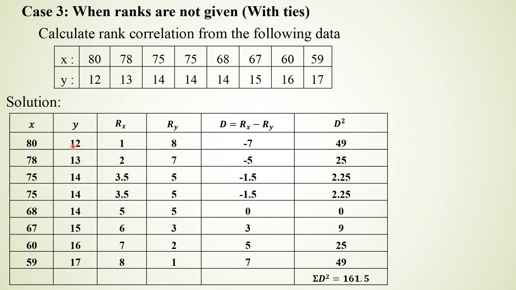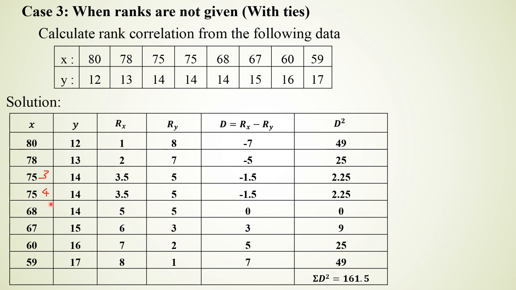Now let me assign the rank for the variable x over here. Just observe the first column. The highest value is 80. Therefore it takes the first rank. Next highest value is 78. Therefore, the corresponding rank is 2. The third highest value is 75. Therefore, I cannot assign the rank as 3 and 4 because the values are same, isn't it?